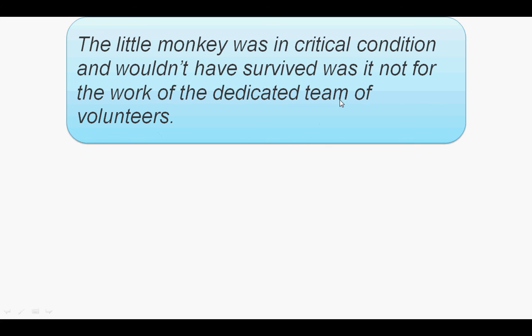As you can see here, we have no numbers, we have no quotation marks, but what do we have here? The monkey is described as little, and his condition is described as critical, and he was saved by the work of a dedicated team of volunteers.